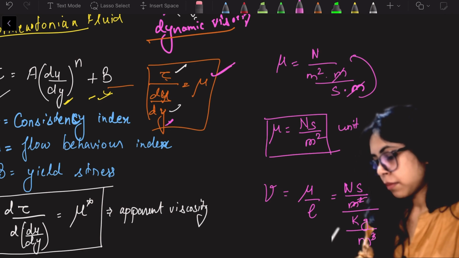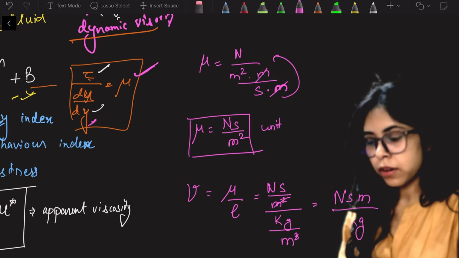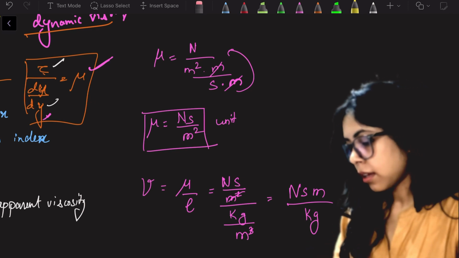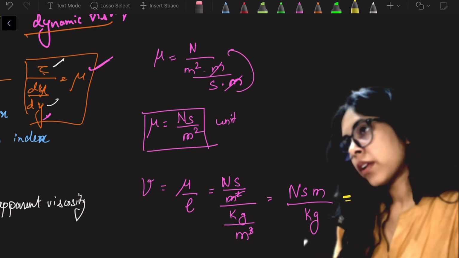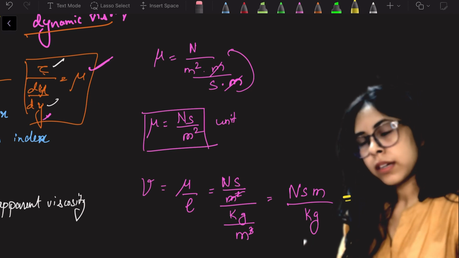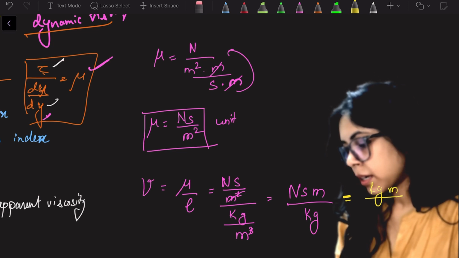Meter square, meter cancel. So if we put Newton's value in kg, what is Newton? Newton in terms of kg is kilogram meter per second square, right? So we'll put it here, kilogram meter per second square.